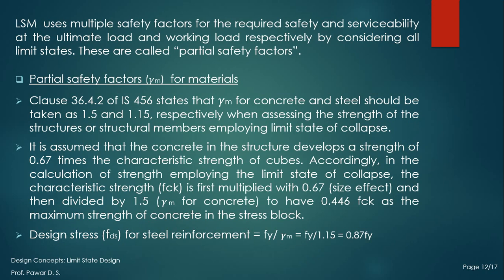Clause 36.4.2 of IS 456 states that the partial safety factor gamma m for material like concrete and steel should be taken as 1.5 for concrete and 1.15 for steel respectively when assessing the strength of the structure or structural members employing the limit state of collapse.